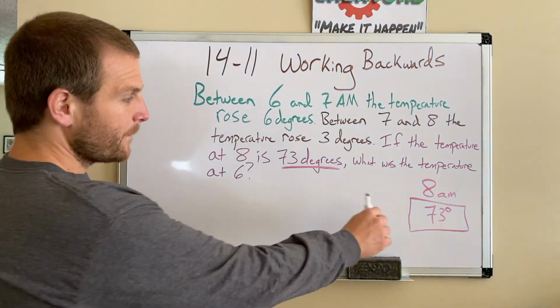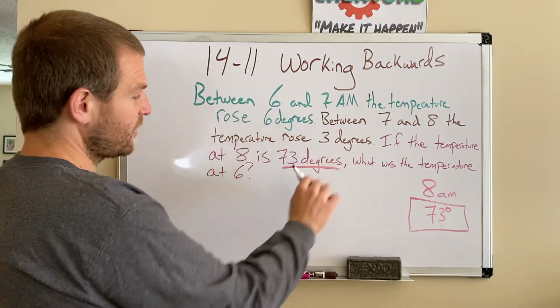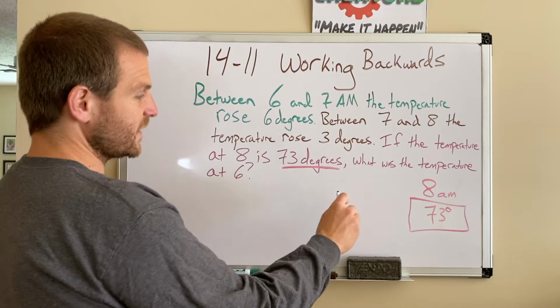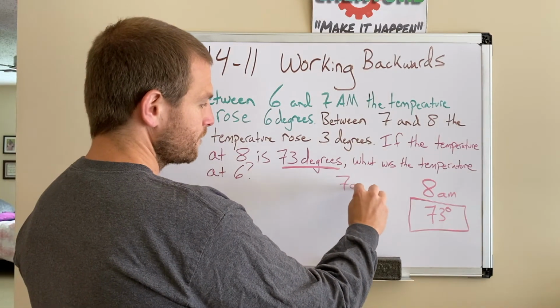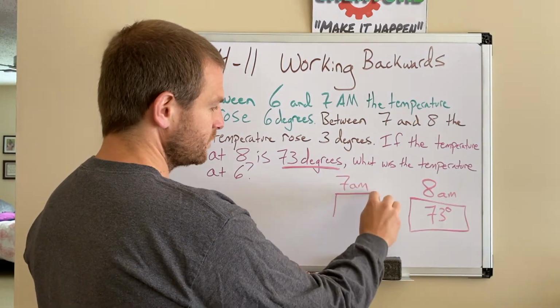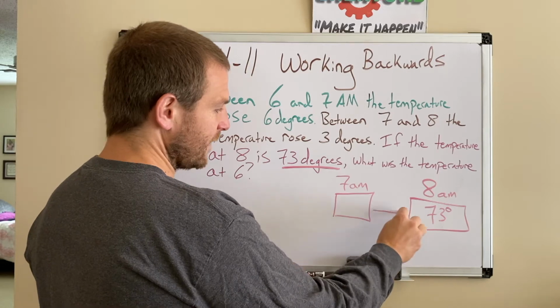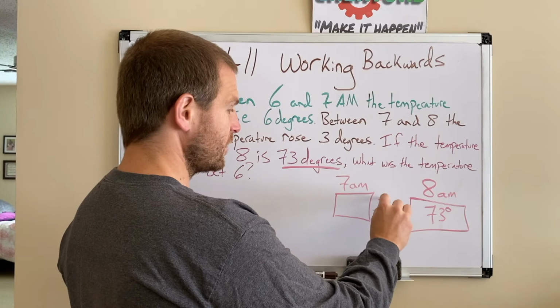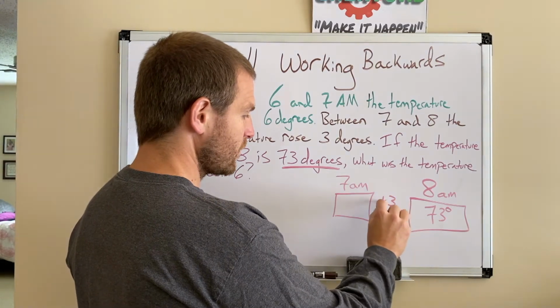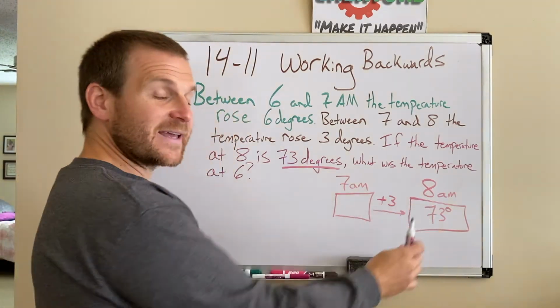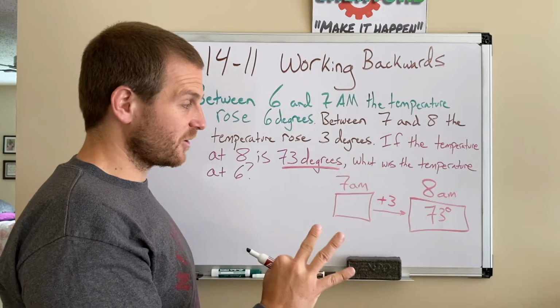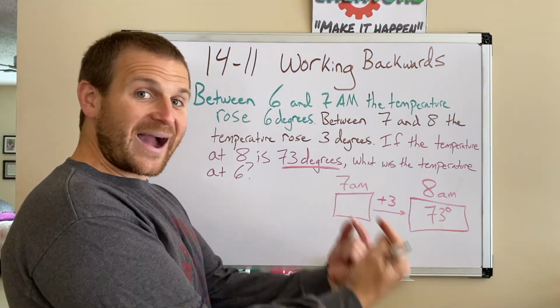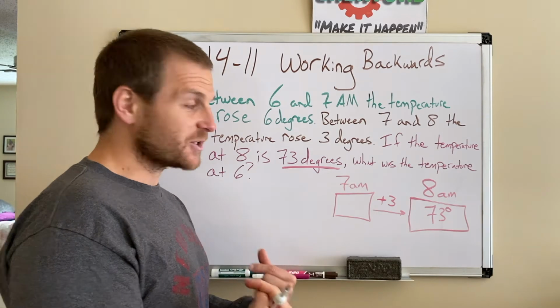Now, we're gonna continue to go back through my problem. So between 7 a.m. and 8 a.m., the temperature rose 3 degrees, plus 3. So between 7 and 8, the temperature went up 3 degrees. If I'm working backwards, that means I'm actually going to subtract.